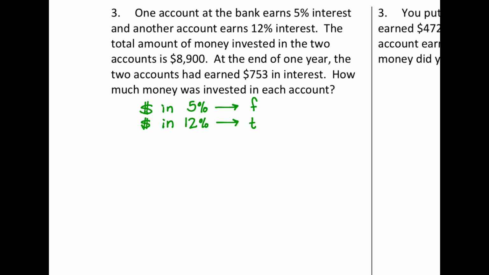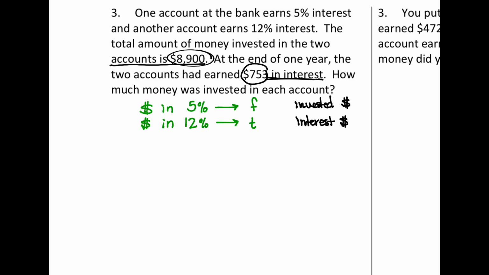One of them is going to be the amount invested, so the money invested, and the other one is going to be what's connected with this one, interest earned. So they're both money this time, which is kind of hard. Okay, so invested and interest.